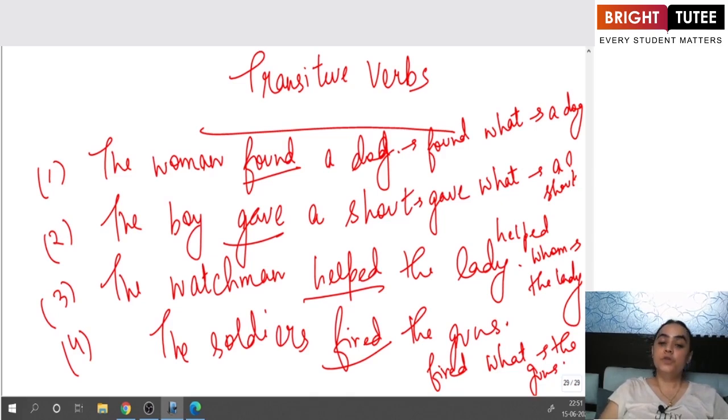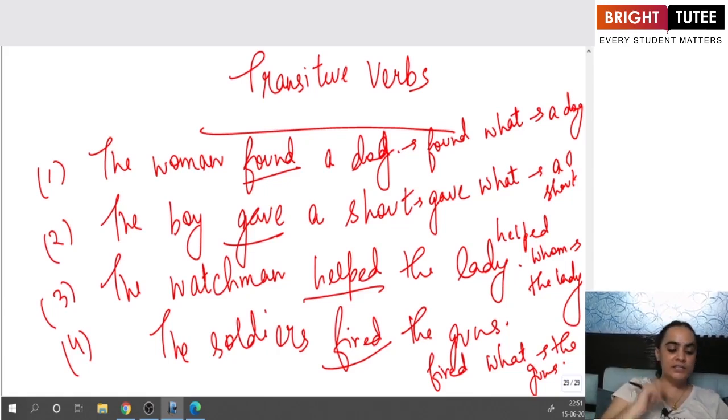Okay. So transitive verbs, my dear students, are those verbs that need an object all the time to complete them. In all these sentences, as you can see, we have found out the object by using the same method that we used earlier to figure out the object of the sentence.